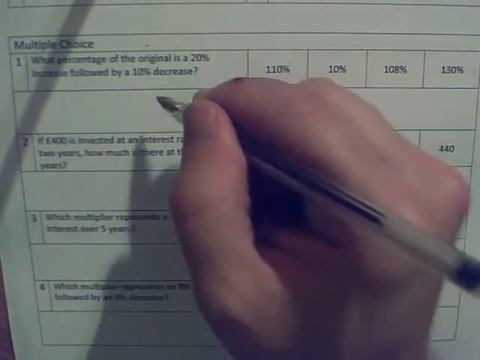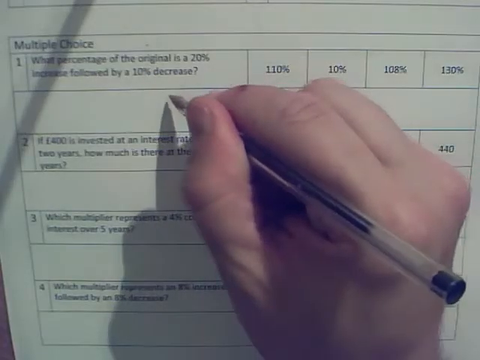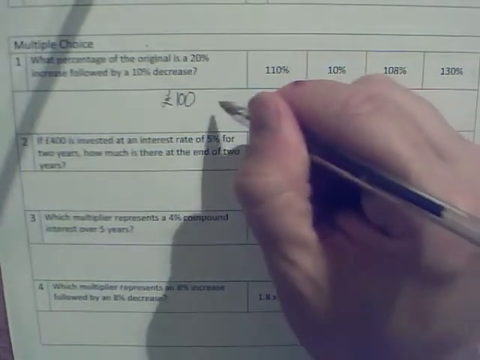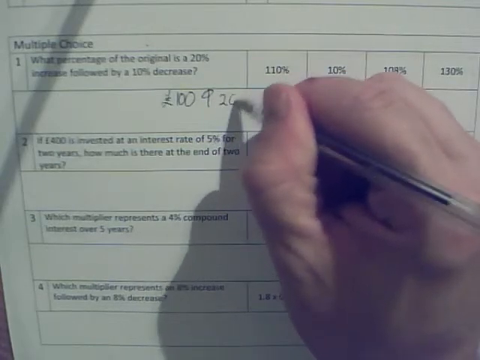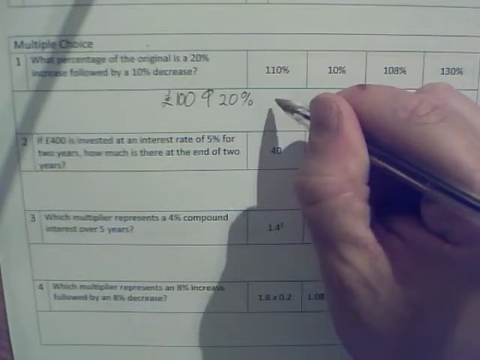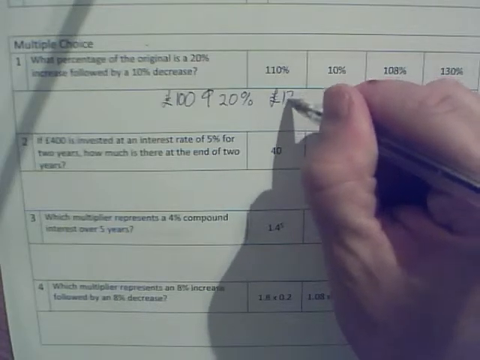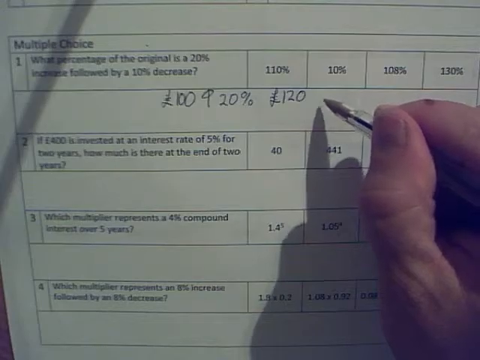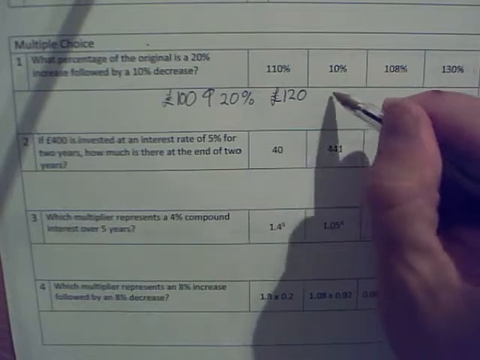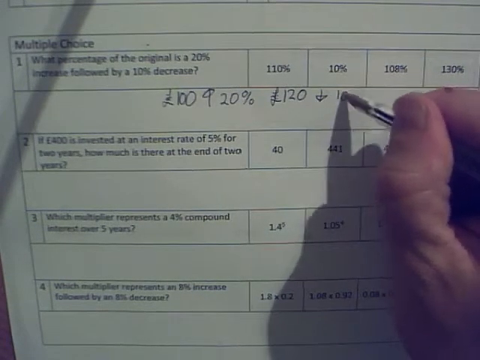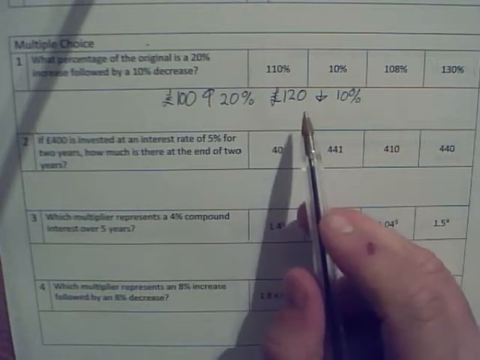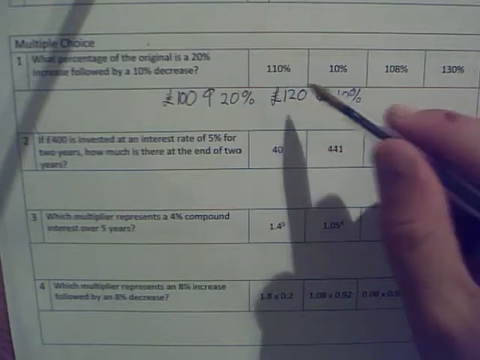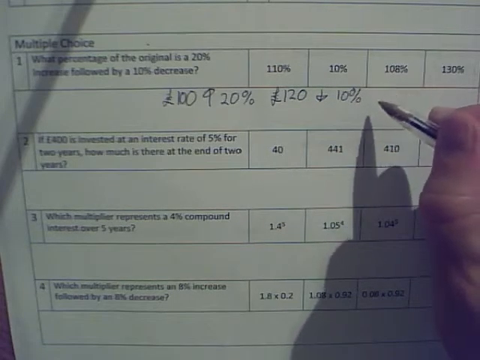That's not right. So let's take £100. If £100 was increased by 20%, you would have £120. Now if you have £120 and then you decrease by 10%, well 10% of 120 is 12. So instead of having 110%, you have 108%.